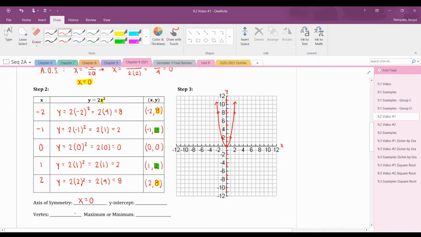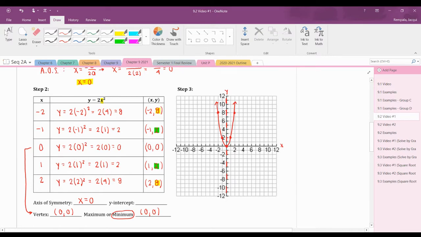Okay, notice that the vertex is the lowest point in this case because the graph is opening up, and that would be at (0, 0). Notice that your vertex will always be the middle ordered pair from your table. Because the graph opens up, it is a minimum value, which once again is at the vertex, the ordered pair in the middle of our table, so (0, 0).